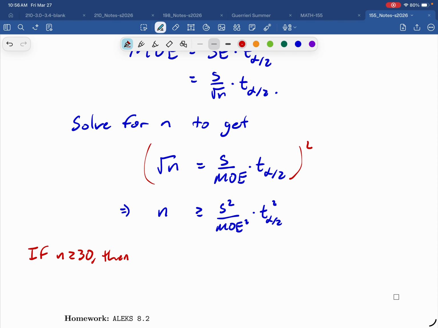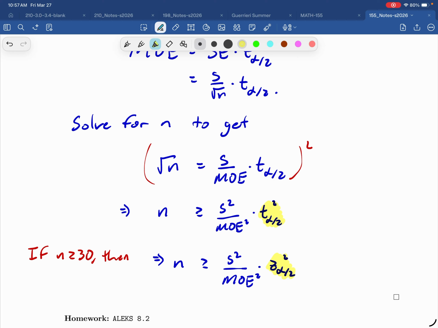So we can just say n is greater than or equal to s squared over the margin of error squared times z alpha over 2 squared. So you see that we're replacing our t with our z.